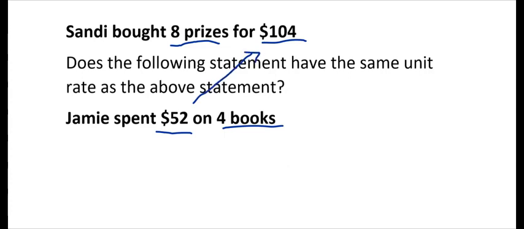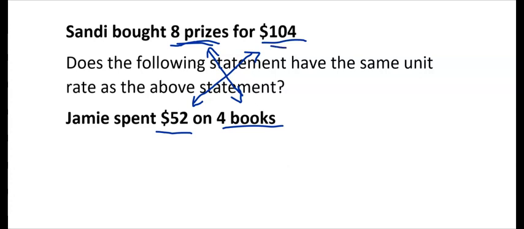It's either 104 divided by 2, which gives you 52, or 52 times 2, which gives you 104. And then the same thing with this one here. It's 8 prizes down to 4 prizes. So with that being the case, it seems like each time the top number here is divided by 2 to get the bottom number. And again, 104 divided by 2 is 52.